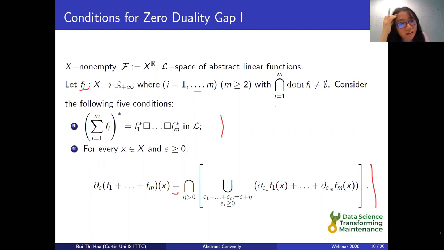If we recall again the sum rule of Zalinescu, we don't have this term. That is why the sum rule is equivalent to this equality, but with the condition that the convolution attains the minimum, that it is exact. For this condition, we don't need the convolution to be exact.